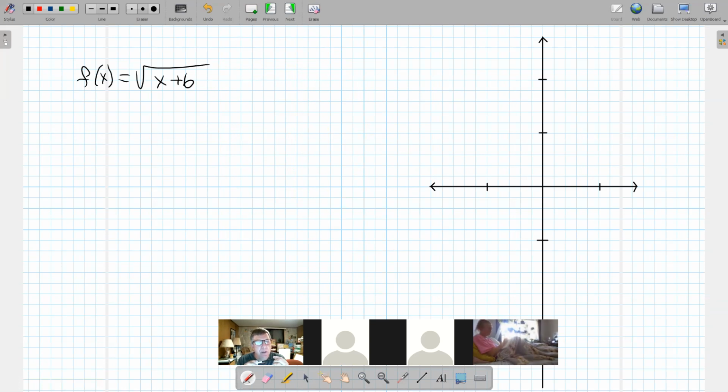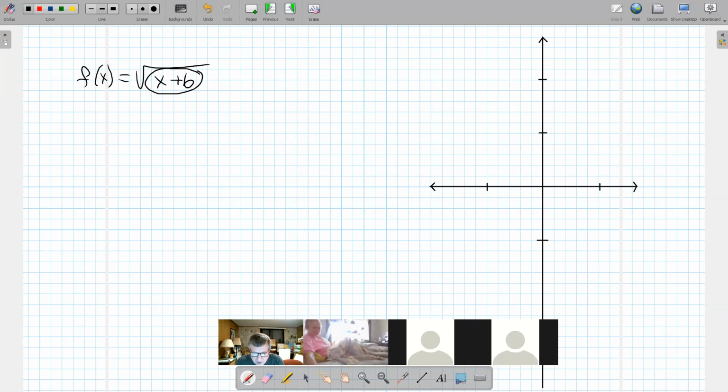All right. What do we know about the radicand? Can the radicand be negative? Can we take the square root of a negative number? This is where one of you chimes in with an answer. Can you take the square root of a negative number? No. Thank you, Jamie.